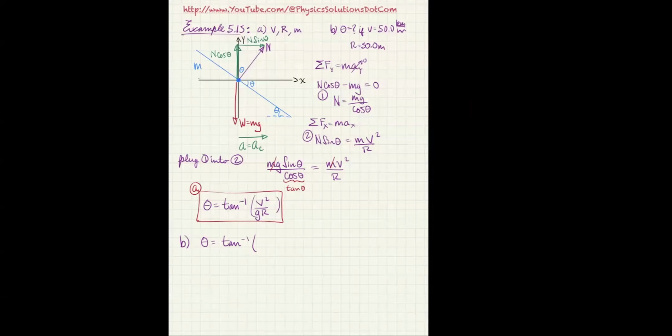Now, v is actually supposed to be 50 kilometers per hour, but if you convert it, remember 50 kilometers per hour can be divided by 3.6 kilometers per hour per meter per second.